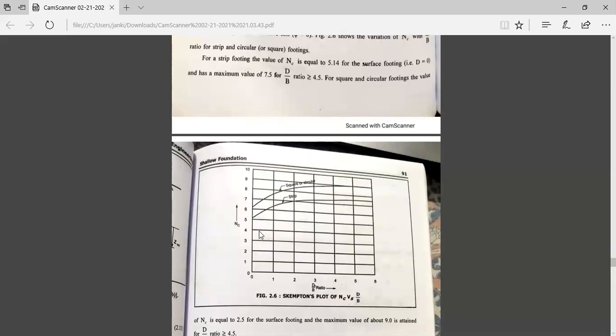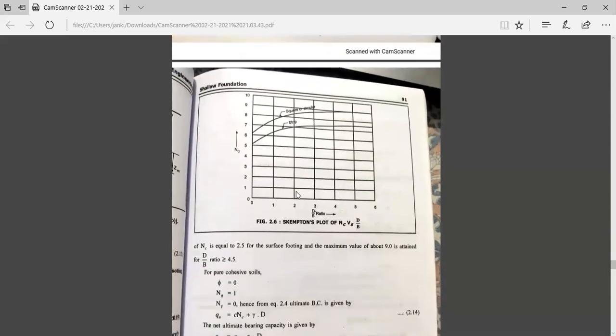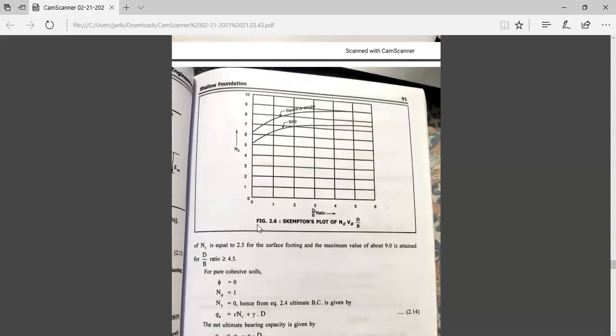So this strip footing has a maximum value of 7.5 for a D by B ratio of 4.5 or greater. For the circular footing, as you can see in this figure, Nc is equal to 6.2 for the surface footing, and the maximum value is about 9 when the D by B ratio is greater than 4.5, right?